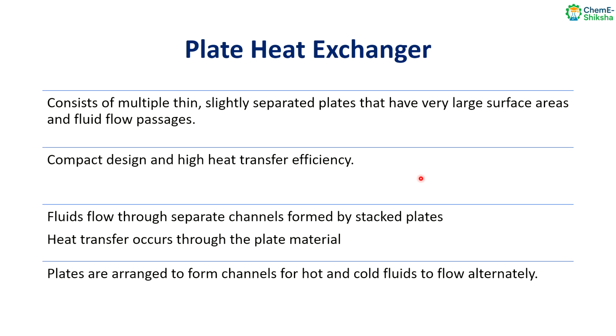Then we have the plate heat exchanger. It consists of multiple thin, slightly separated plates that have very large surface areas and fluid flow passages. Its compact design is also one advantage, along with high heat transfer efficiency. Fluid flows through the separate channels formed by stacked plates, and heat transfer occurs through the plate materials. Plates are arranged to form channels for hot and cold fluids to flow alternately.